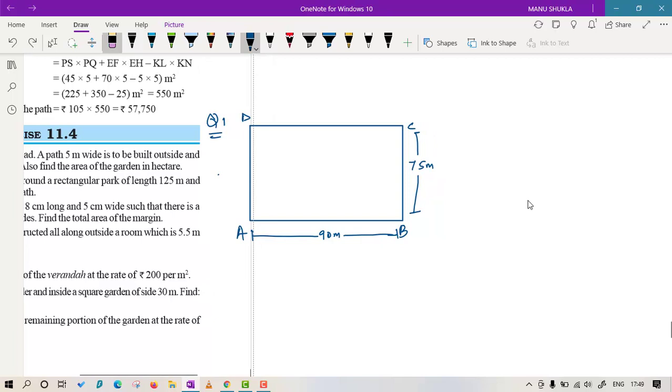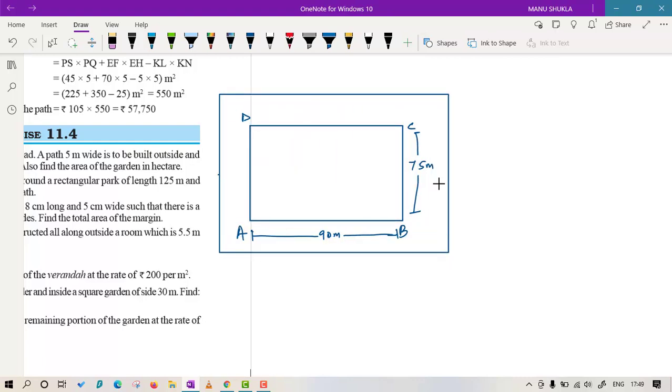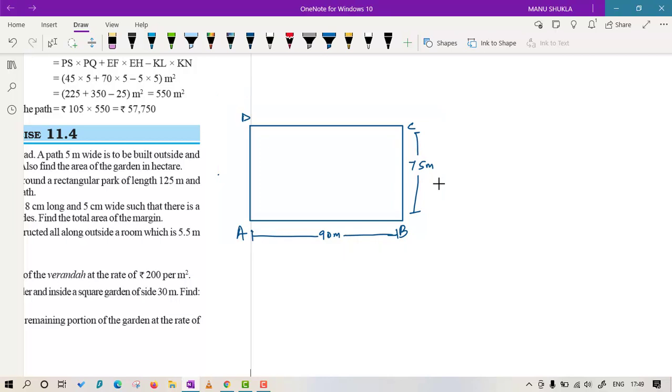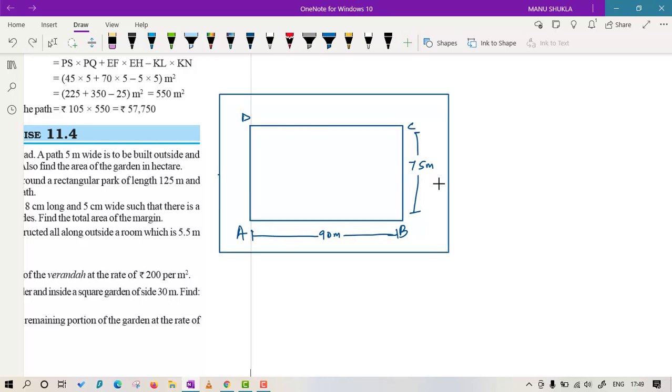No need to make a perfect one, but it should give an idea of what the question is trying to say. Okay, now I think it is correct. Just to make you clear, I have drawn a larger diagram. Let me call this outside path E, F, G, and H.